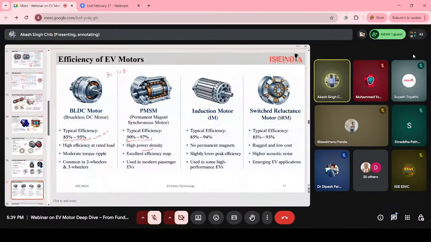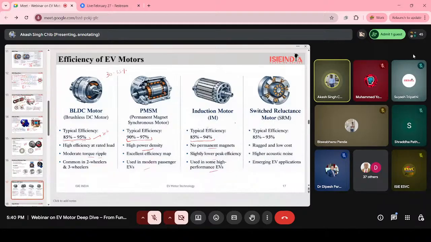BLDC has moderate torque ripple and is commonly used in two-wheelers, while this is in modern passenger EVs. The induction motor provides around 85 to 94% efficiency, and it doesn't have permanent magnets. It has slightly lower peak efficiency. We use the induction motor in some performance EVs.